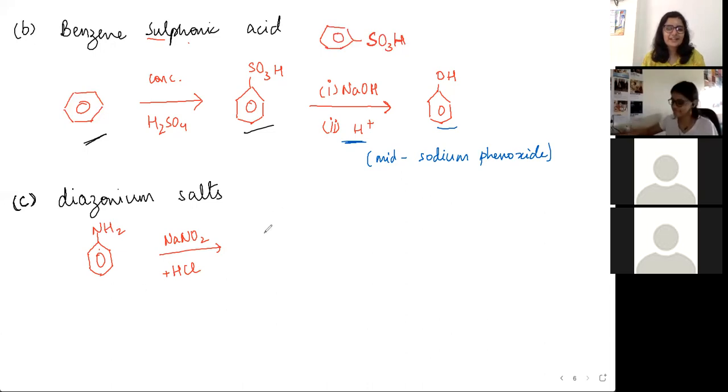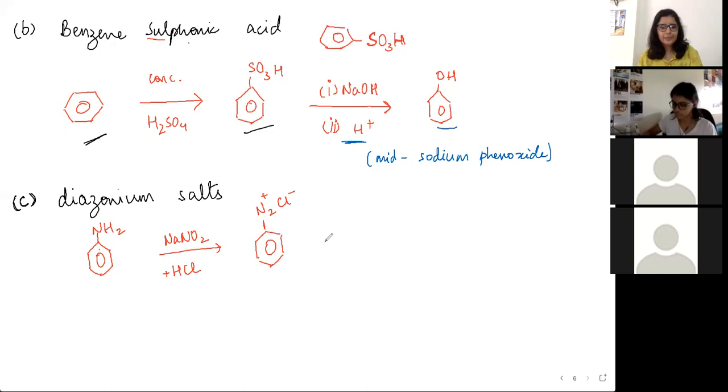Okay, so this is how you get a diazonium salt. The diazonium part is N2+ and then Cl-, whatever ion.